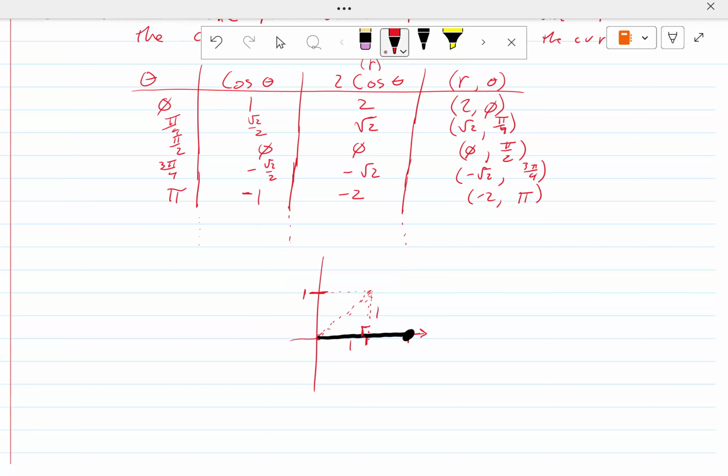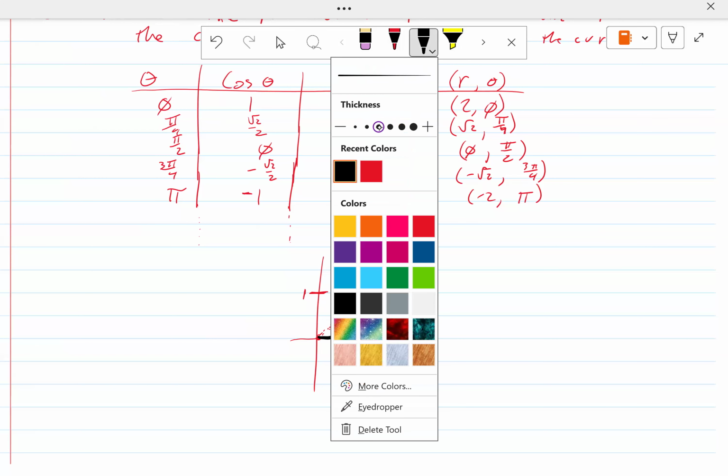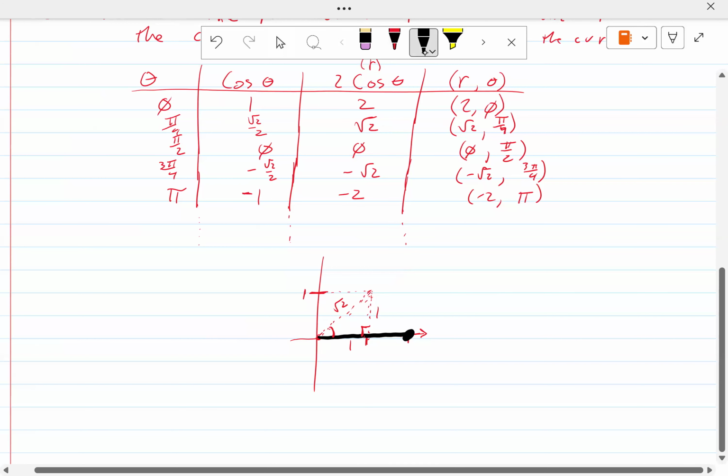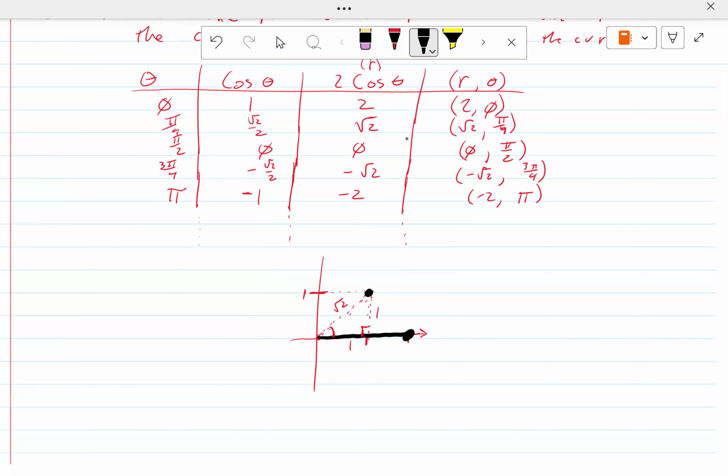The diagonal of the square is actually root 2. And if it is a square, this angle down here is 45 degrees. So my next point, that's really thick. Okay, my next point is going to be right here at pi over 4. I don't know why it keeps disappearing. Okay, at pi over 4.